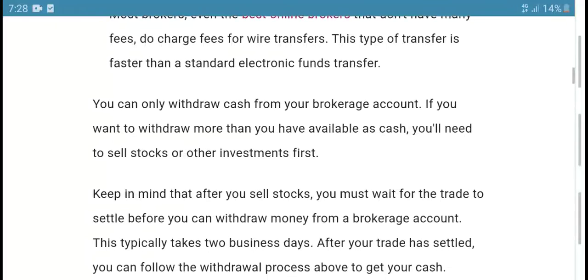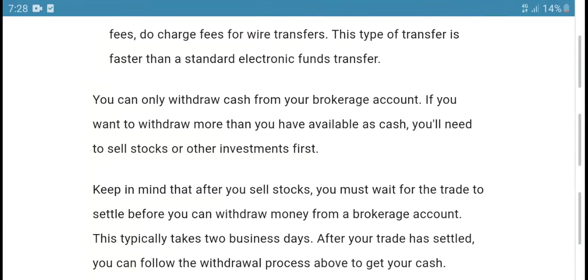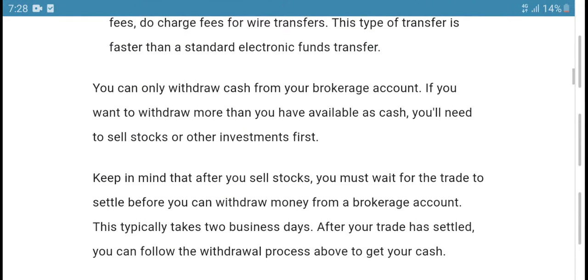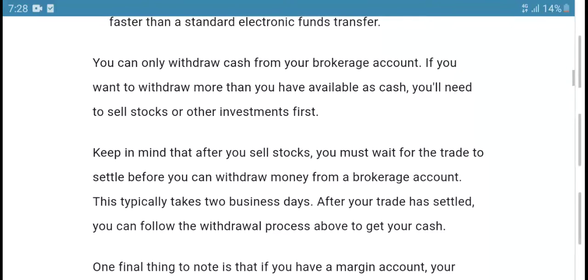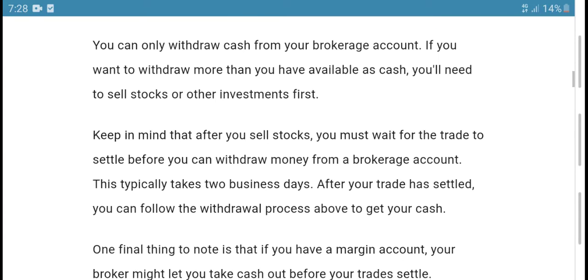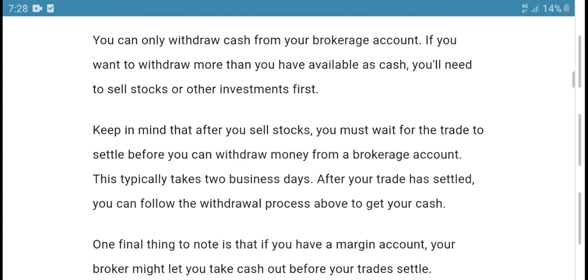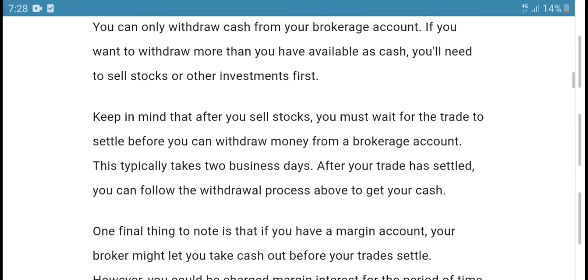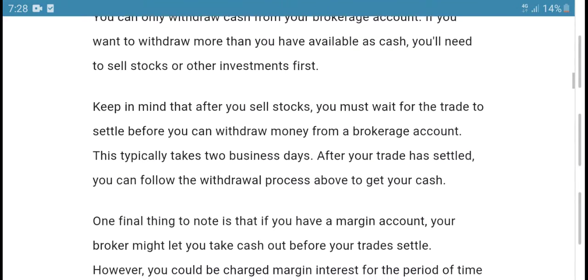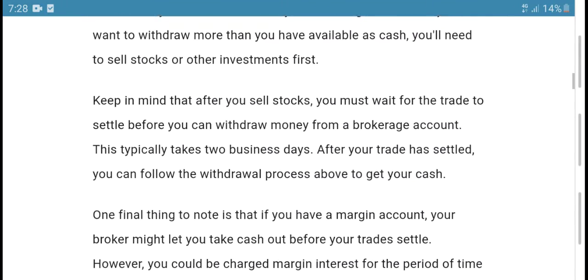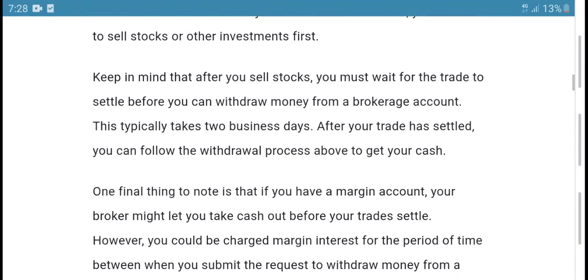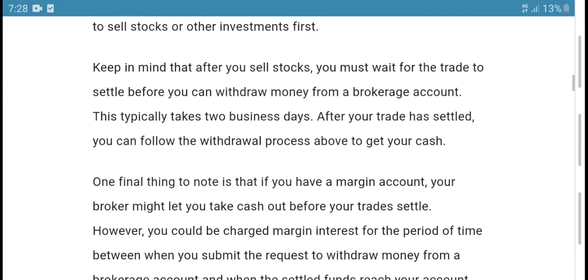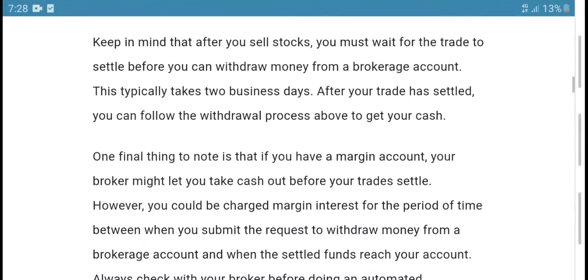If you want to withdraw more than you have available in cash, you need to sell stock or investments first. After you sell your stock, you must wait for the trade to settle before you withdraw money from your brokerage account. Settlement takes about one business day after the trade, and then you can follow the withdrawal process above to get your cash.